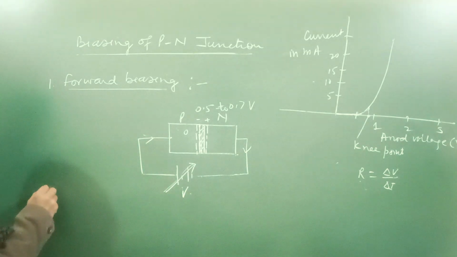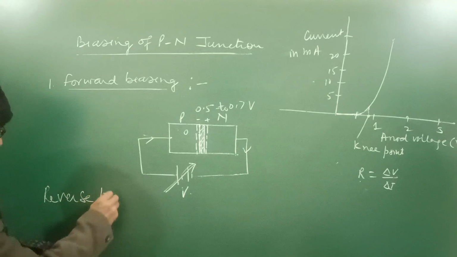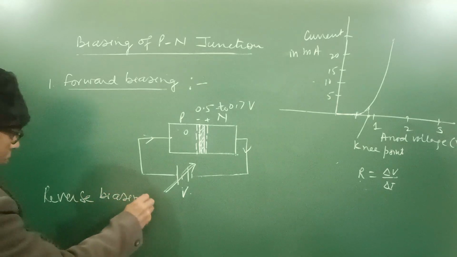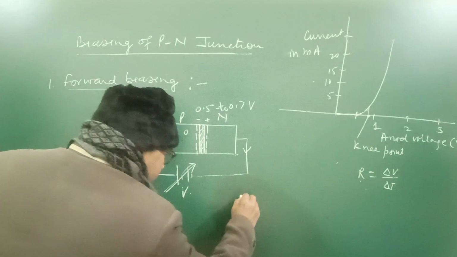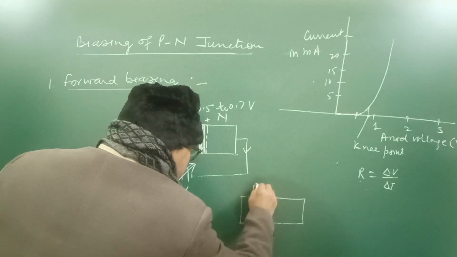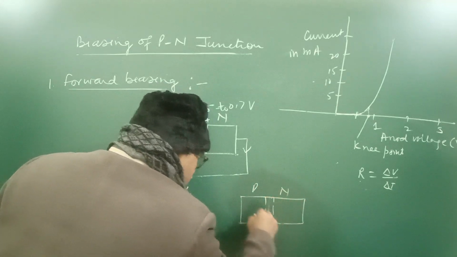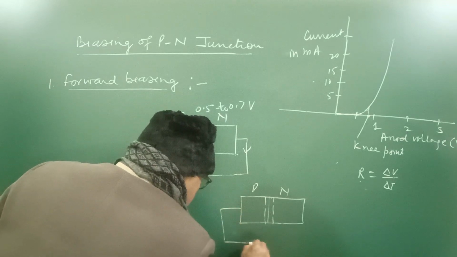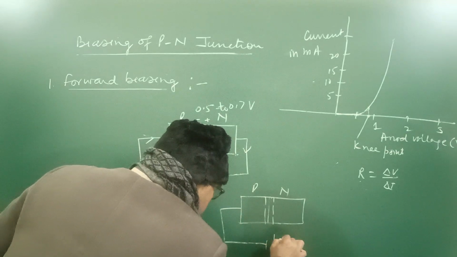Now reverse biasing. Reverse biasing. In reverse biasing, it is a PN junction here: P region, N region, depletion layer. We connect the negative terminal to the P region and the positive terminal to the N region.